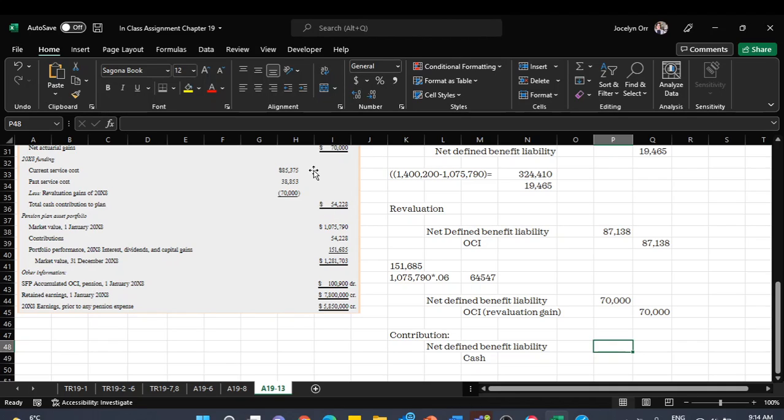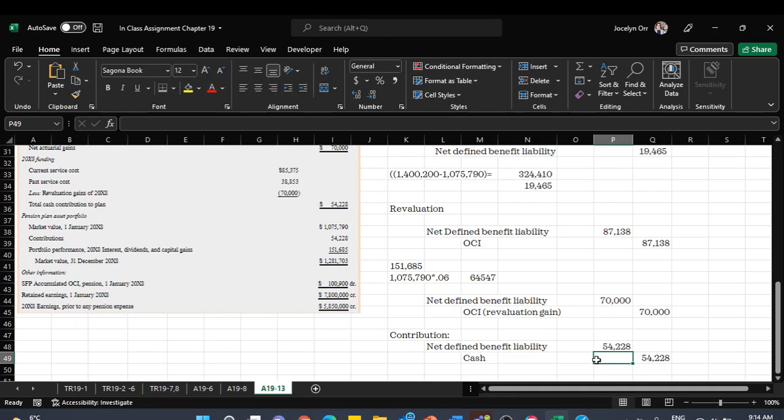So we are funding based on our current service cost, that addition of the past service cost that they talked about in the question, less any gains. If we had a loss on revaluation, that would be an increase, but in this case, it's being deducted, and that leaves us an amount of 54,228.